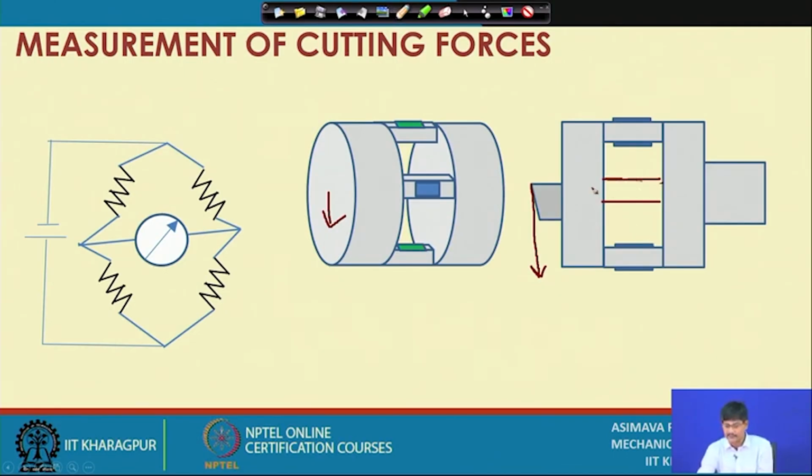When this is bending, this being the neutral axis, we will have no net change in resistance if the strain gauge is put here, because part of it is above the neutral axis and is going to register a tensile stress, and therefore tensile strain, and resistance is going to become higher.